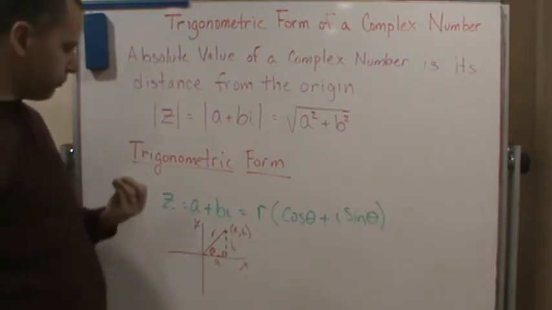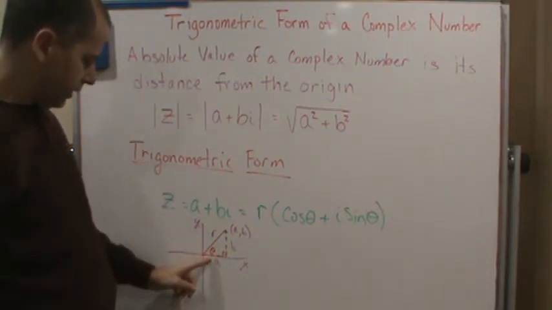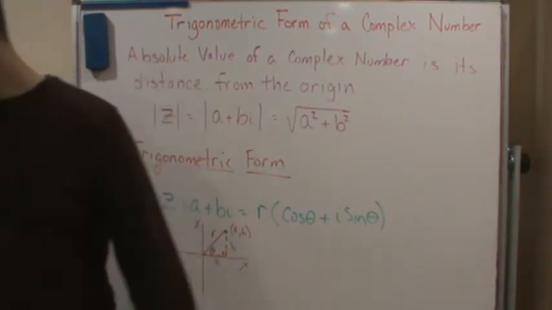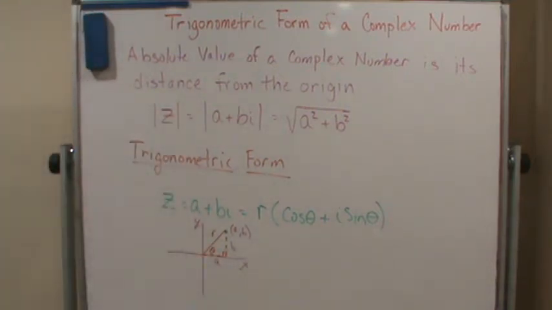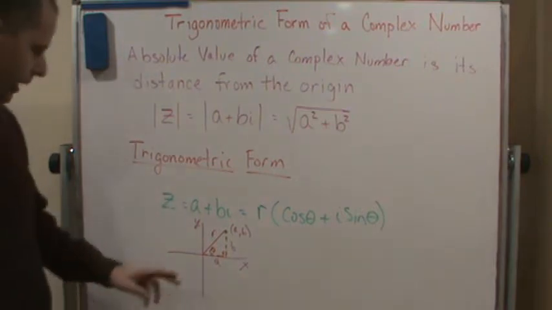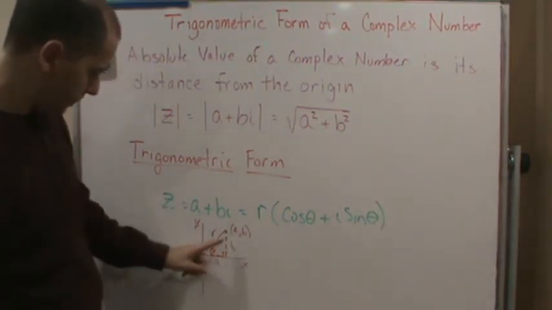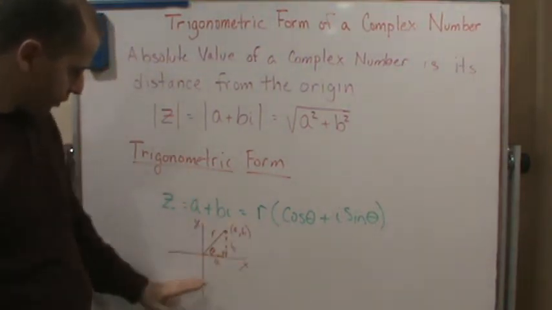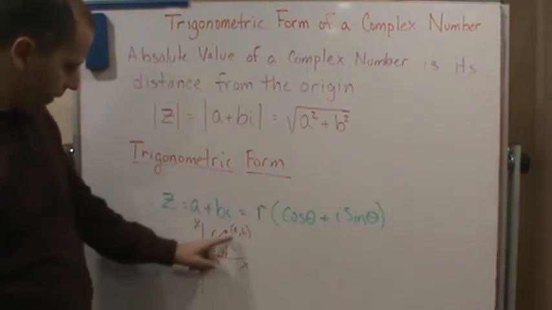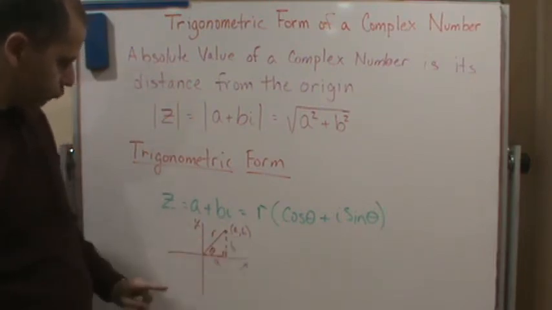Okay, so what is cosine theta? Well, cosine theta is adjacent over hypotenuse. And so in this case, what is adjacent over hypotenuse? Well, I've got my triangle, so here's a point. Here's the imaginary plane. I've got my point (a, b), right?